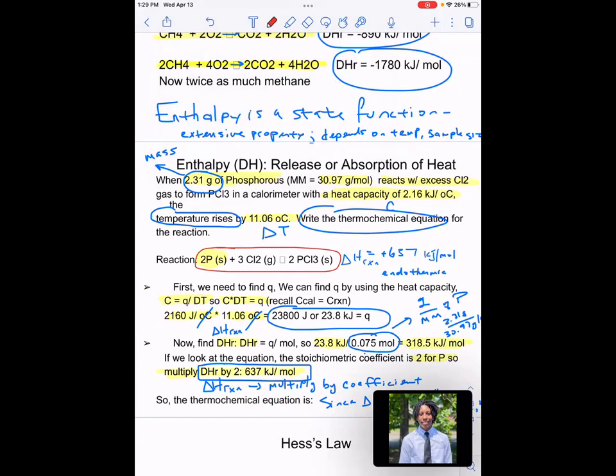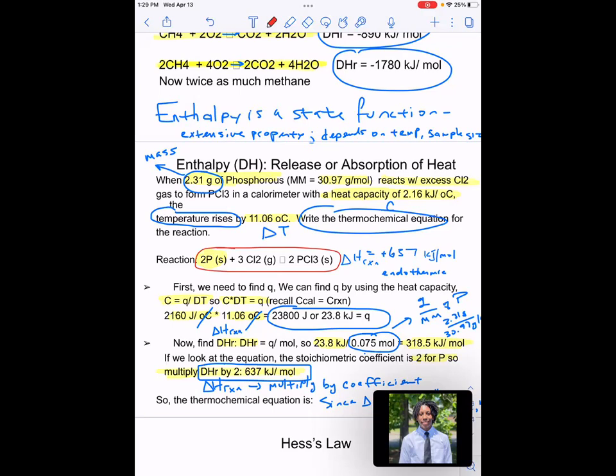And it's telling us in the problem that when 2.31 grams of phosphorus with a molecular weight of 30.97 reacts with excess Cl2. So that's a clue right there. That's telling you that phosphorus is the limiting reactant.